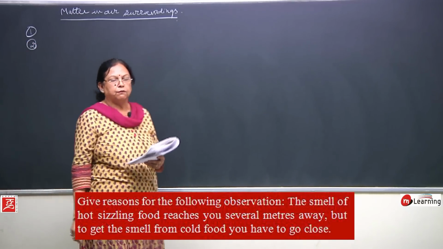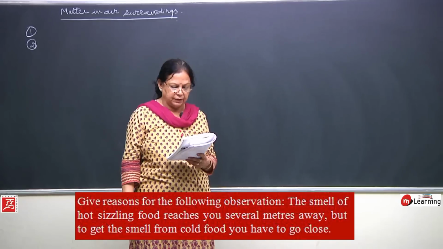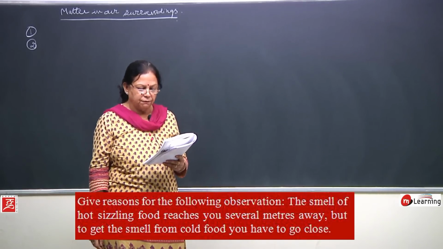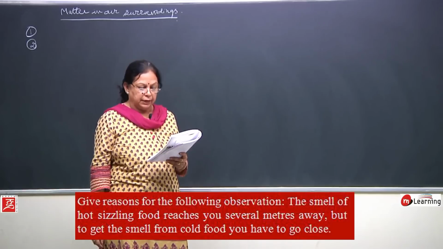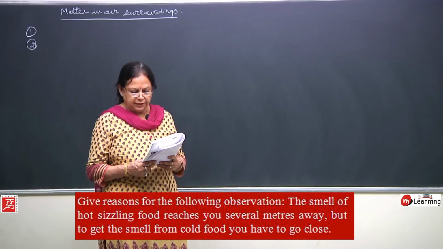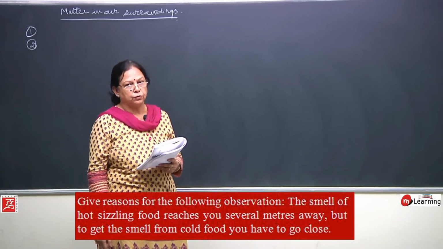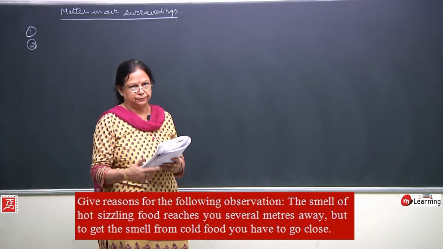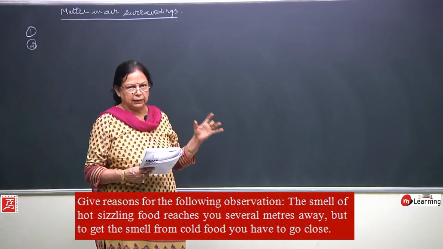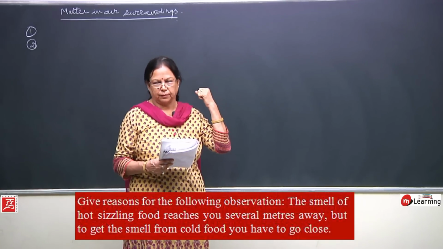Now, second question, children, in your study material: give reasons for the following observations. You have to give the reason. The observation is: the smell of hot sizzling food reaches you several meters away, but to get the smell from cold food, you have to go closer. If something is being cooked in your kitchen, you can smell it in the other room also.